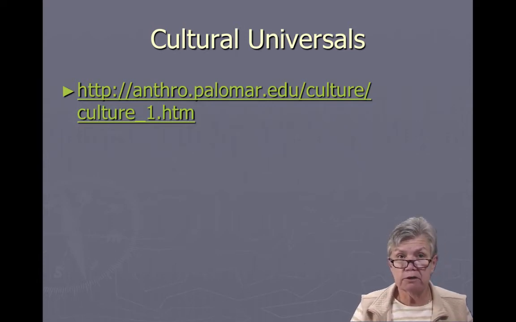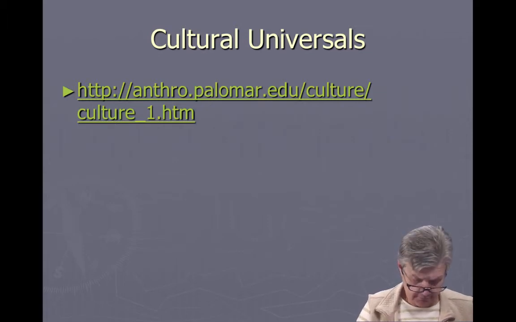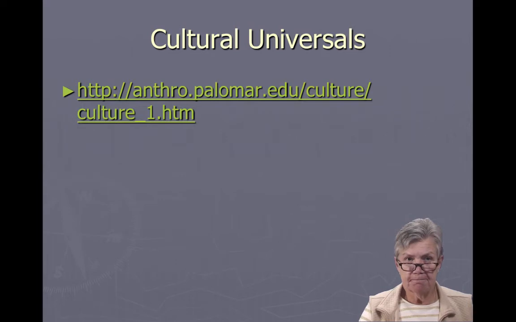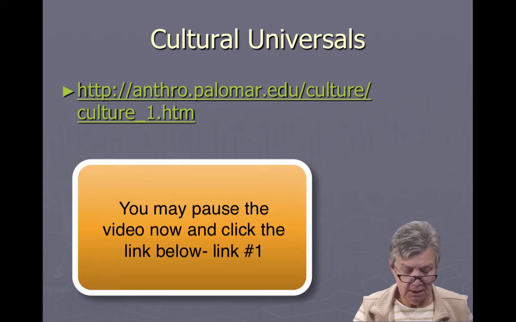Communicating with a verbal language. Using age and gender to classify people. Having a concept of privacy. Body ornamentation. And a way of making community decisions. And there's several others in this list that I think you'll find interesting.